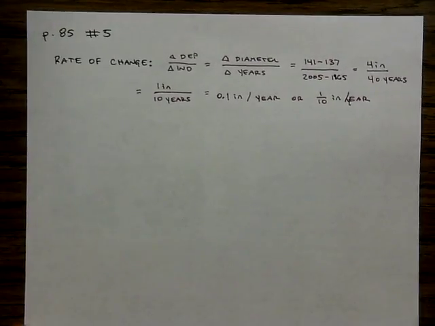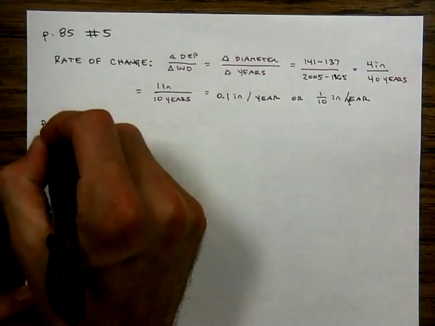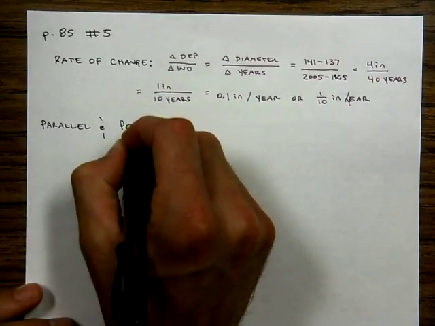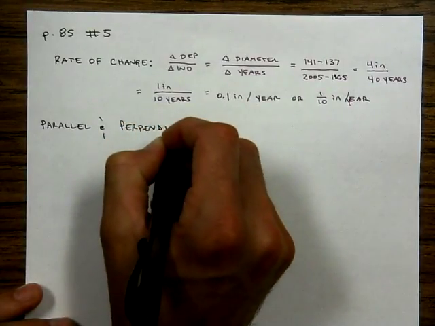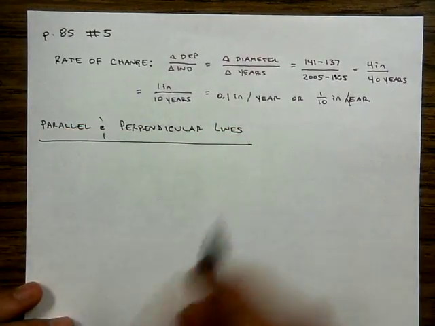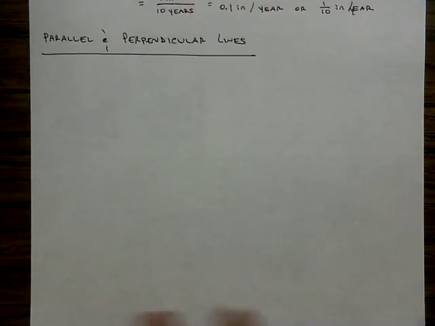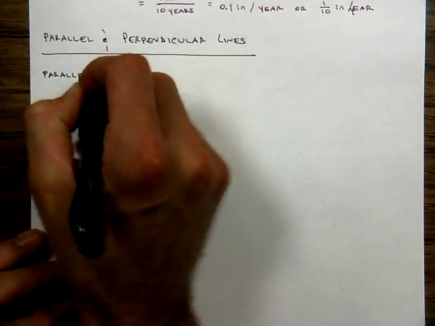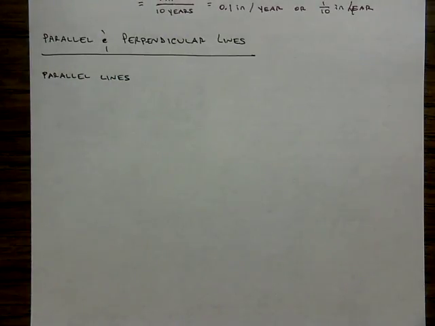So the last thing I want to talk about in this video is parallel and perpendicular lines. When we talk about parallel lines, now specifically from geometry, you might remember parallel lines are lines that are coplanar that never intersect. What does that mean in a coordinate plane?